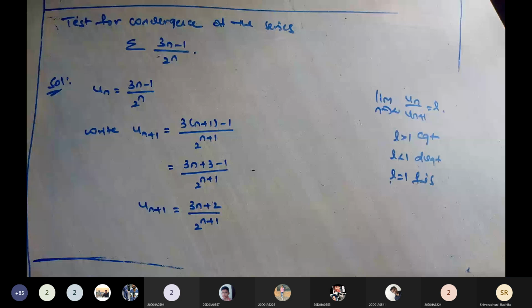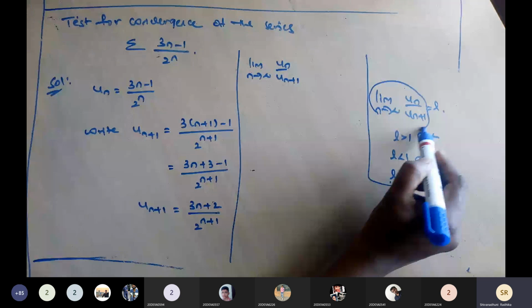Now, first of all, the limit as n tends to infinity of un by un plus 1 is what we need to find. It is clear?